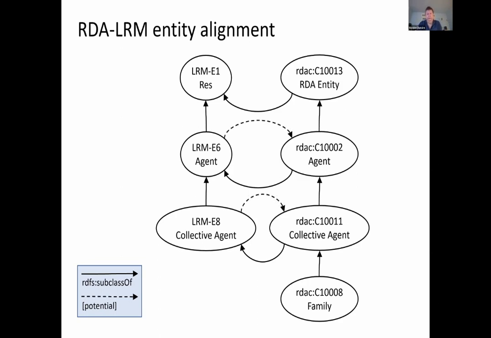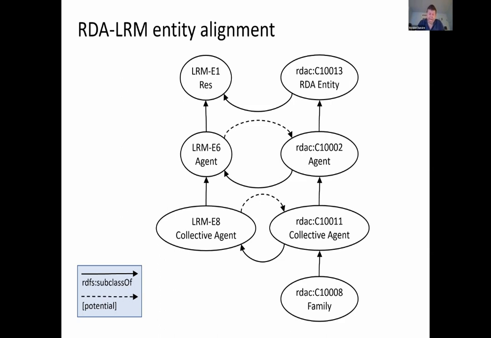However, if the library reference model decided that it wanted to tighten the connections with RDA, this is highly unlikely, but it's certainly potential, then it can declare itself that the LRM entities are subtypes of the RDA entities, and the result of this is to make them equivalent.